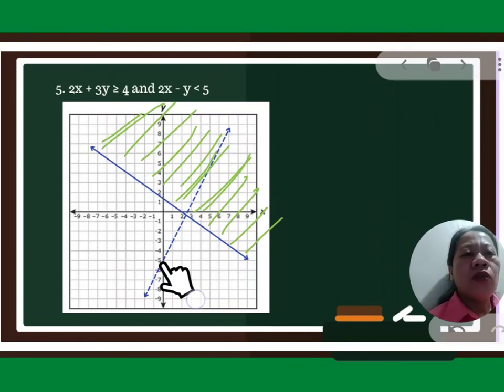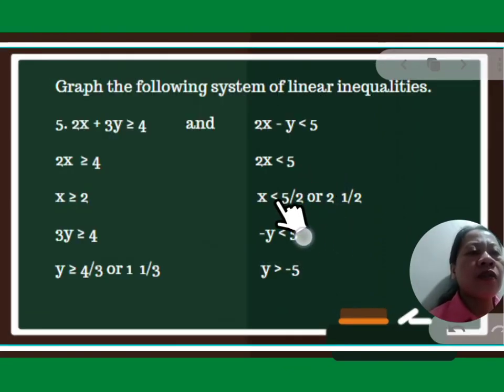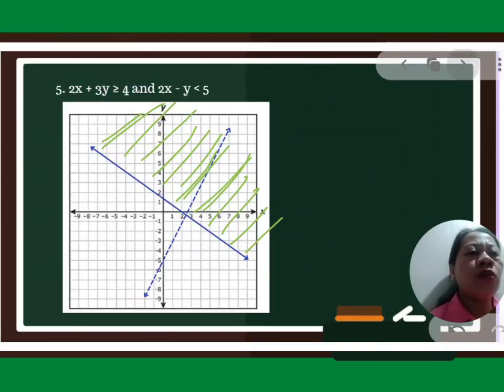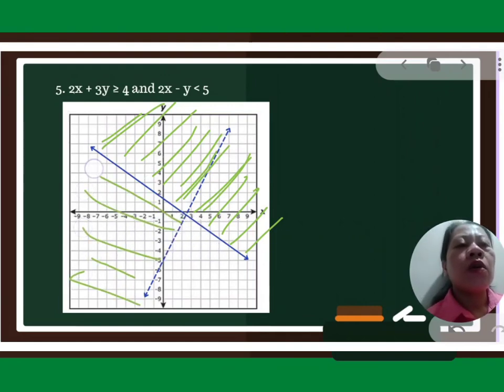Mula po dito sa line na to, ang shaded part natin, base po sa x-intercept ay less than 2 and 1/2. Mula po dito, ito po yung 2 and 1/2, pababa. Dito po natin makikita yung mga less than 2 and 1/2 na x values. So, ang shaded part ay dito po banda.